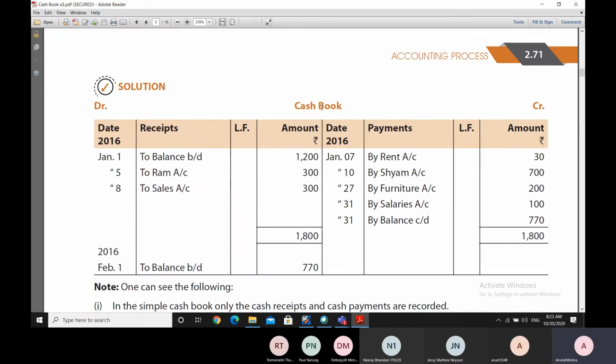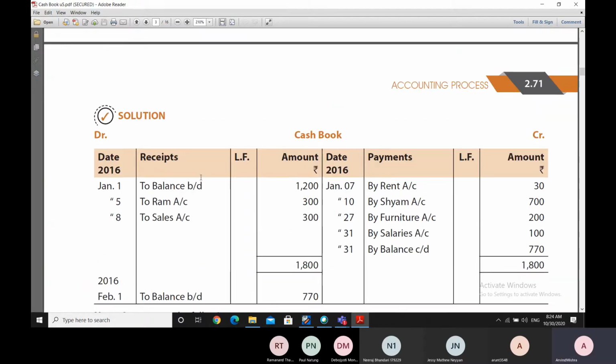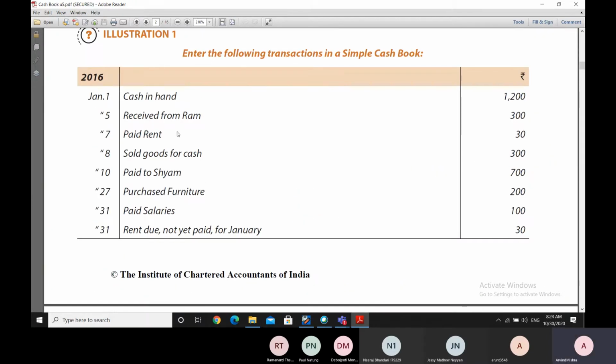When we see this entry "to RAM account," it should not mean that RAM has not paid. Obviously, RAM has paid. By writing "to RAM account," we mean that we have received a cash payment from RAM.